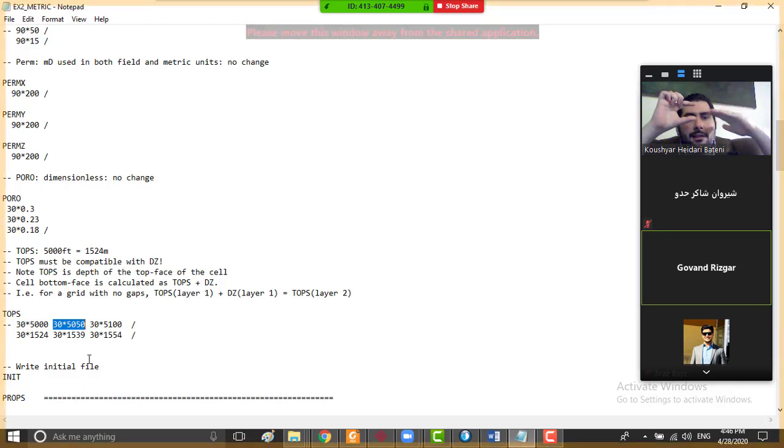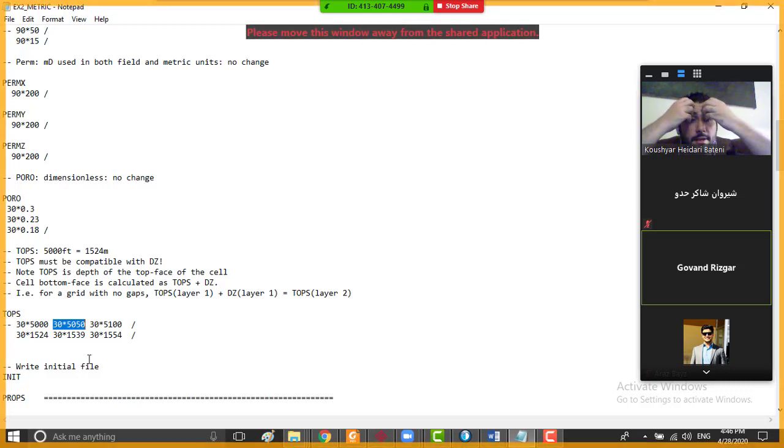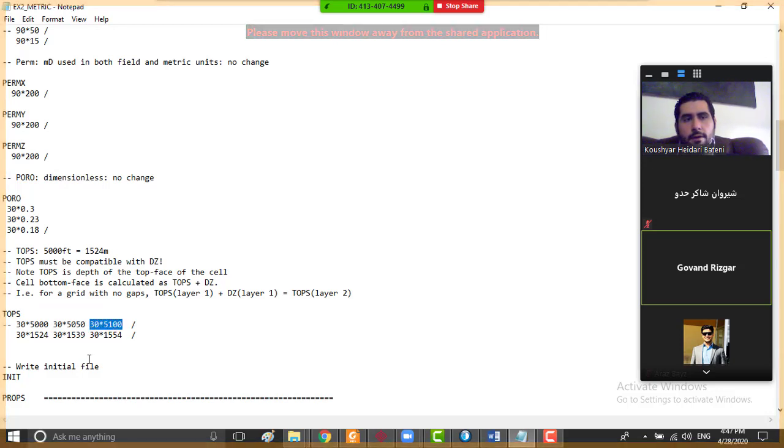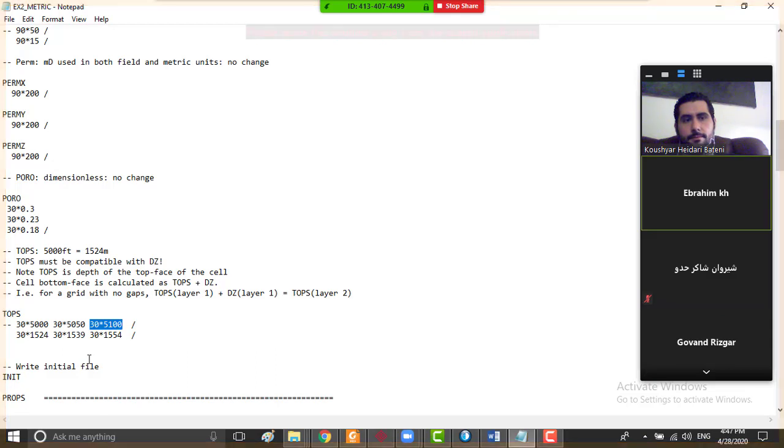So the depth of the top of the blocks in the third layer is 5,000 plus 100. So it is 5,100 feet, right? So we write 30 times 5,100, right?